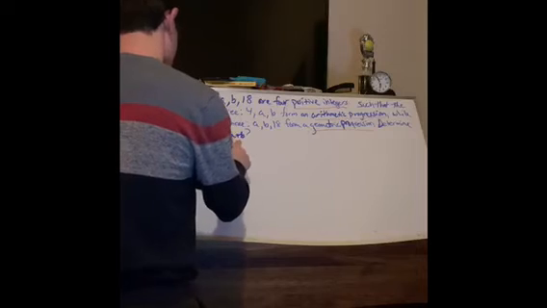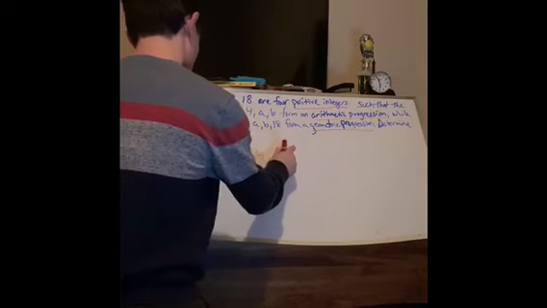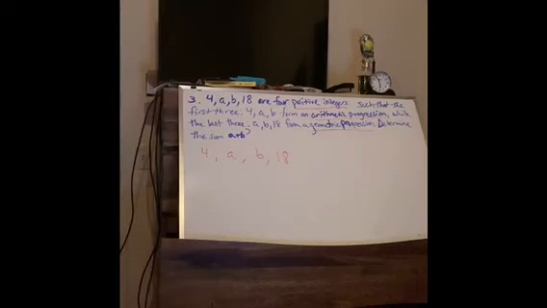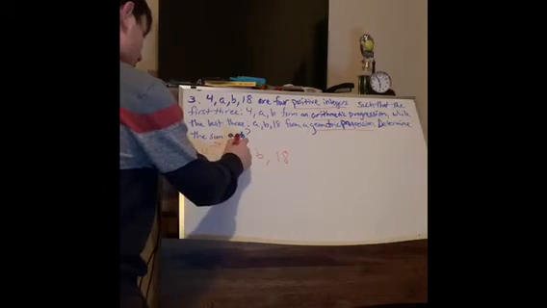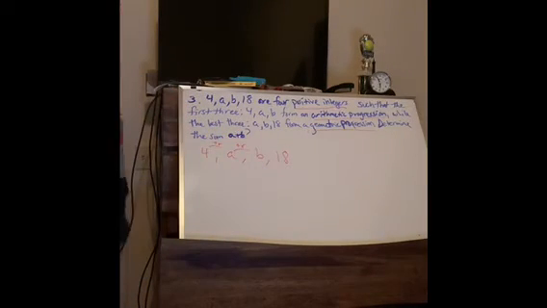So if I actually write out 4, comma a, comma b, comma 18. What an arithmetic progression is that I can add some value, let's just call it r, such that this will hold true. It could be something like 1, 2, 3, 4, 5, or I don't know, 10, 8, 6, 4, 2. I'm adding or subtracting by that same value, really adding negative 2 in that last case.